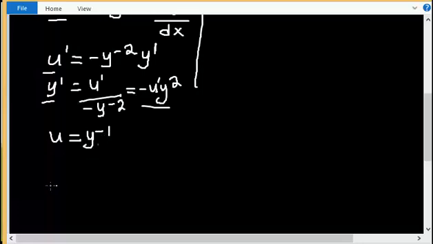So that simply means that u is a reciprocal, u is simply the reciprocal of y. So y can also be expressed as the reciprocal of u. So I'm going to replace my variable, both y prime and y, in the original equation.